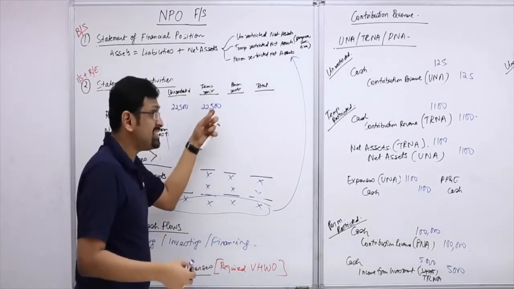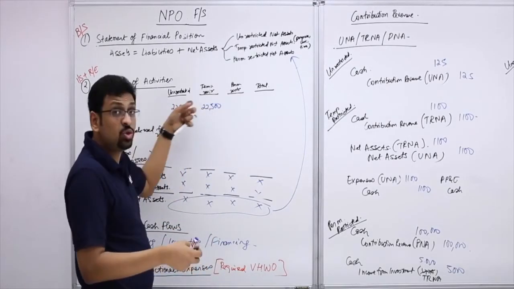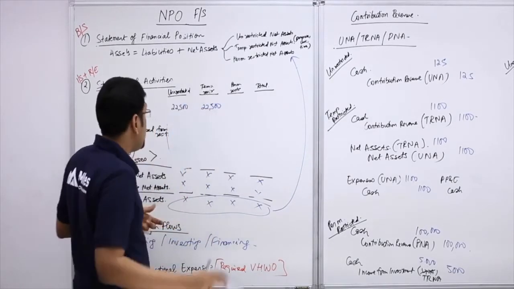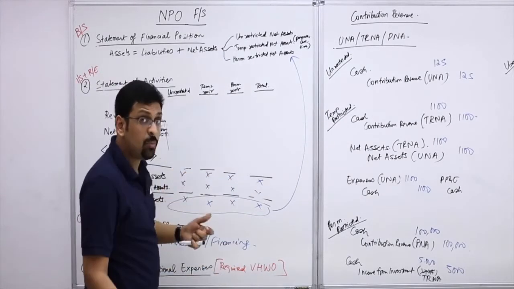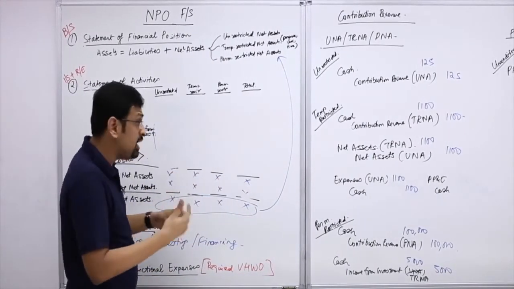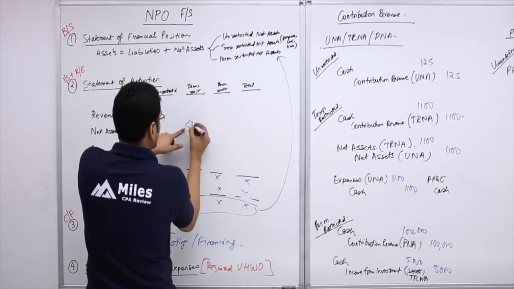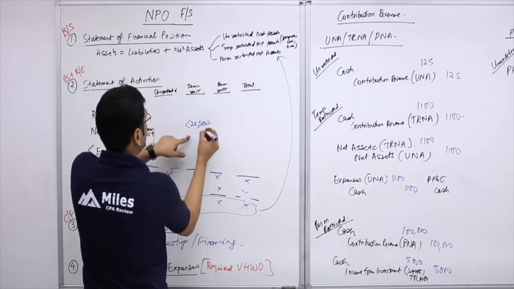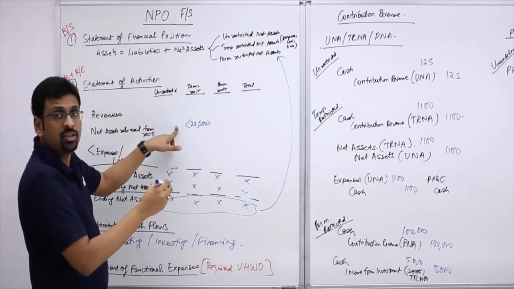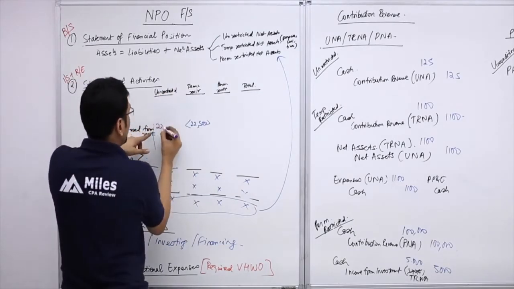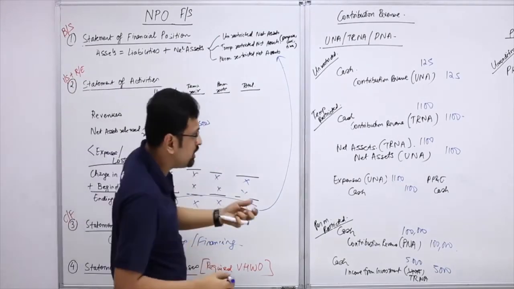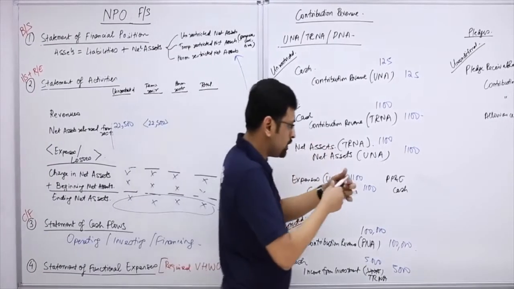Next year, when they receive this $22,500, even this needs to come to unrestricted. So next year what they're going to do is they're going to pass the net asset release from restriction journal entry and it's going to reduce from 22,500 on the temporarily restricted column, increase it on the unrestricted column. So the journal entry for that is the same as this one. Let's do it here.